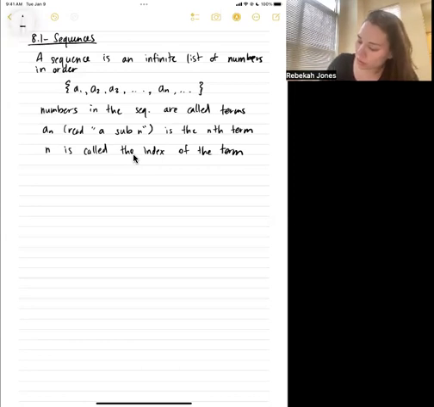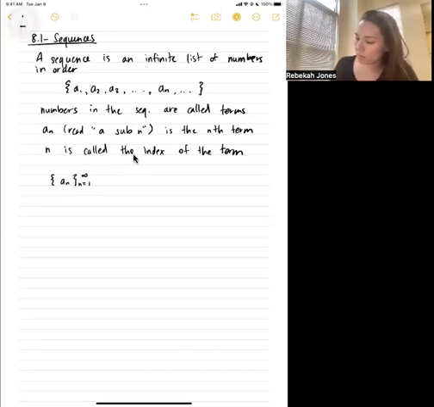So usually, if we have some formula for the nth term, we would write the sequence this way. The n equals 1 here is referring to where the index is starting. Usually it starts from 1 or 0, but it can start at other places as well.